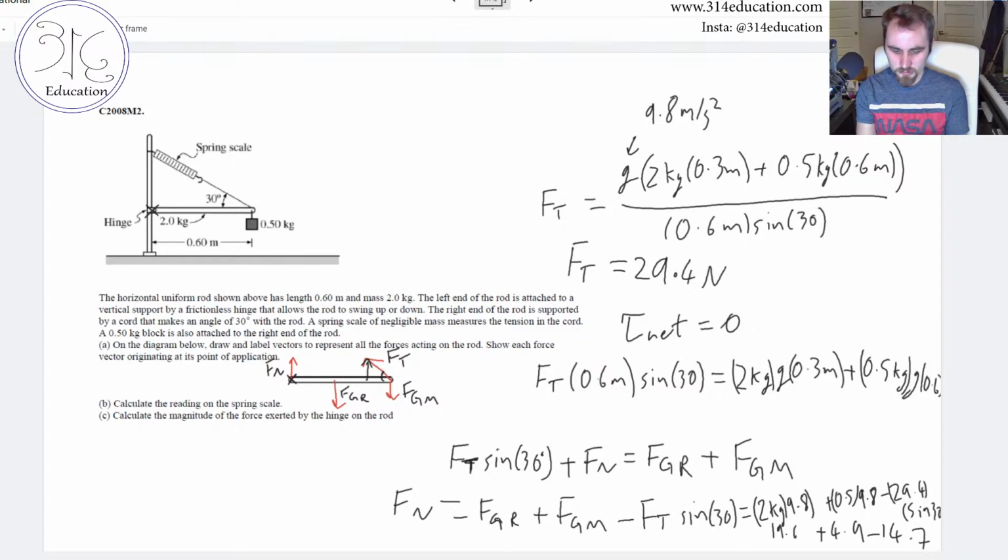And so, actually then doing these operations gives us a net force, oh, look at that, of 9.8. That's serendipitous. Fn is equal to 9.8 newtons. Cool, cool. Well, any questions on how we set that one up?